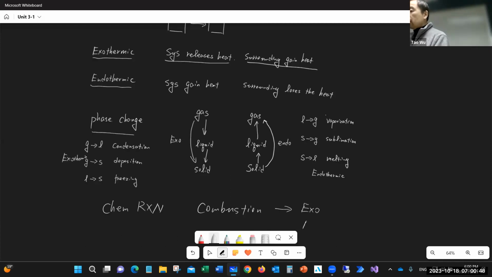Endothermic chemical reactions are very subtle, not easy to observe, but we do have a lot of endothermic reactions. I will let you watch one of the demos. An endothermic reaction is subtle, not very obvious.